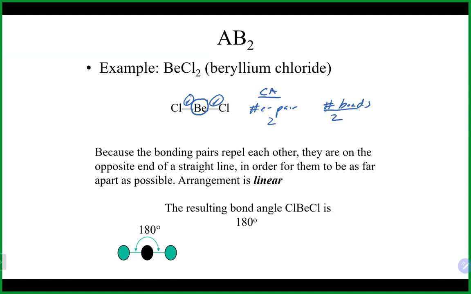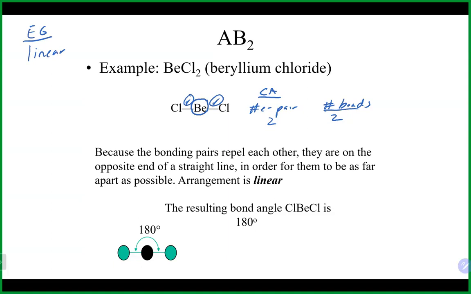Starting with the electron pair geometry, it's based on the number of electron pairs. So our electron pair geometry is going to be linear, because there's only 2 electron pairs, so they go to opposite ends to get away from each other, and they end up in this linear arrangement.